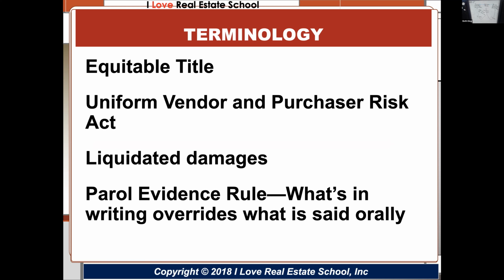Next, Uniform Vendor and Purchaser Risk Act. What this does is real simple. The seller is obligated to deliver the property to the buyer in substantially the same condition as what the buyer bought it. Okay? So Angel goes in the night before with Bill and notices in the ceiling they're missing copper pipes.